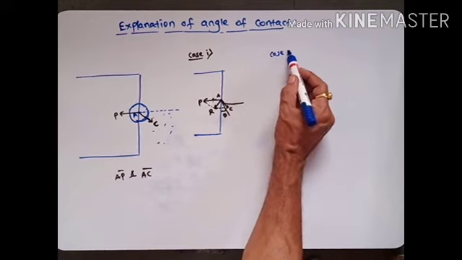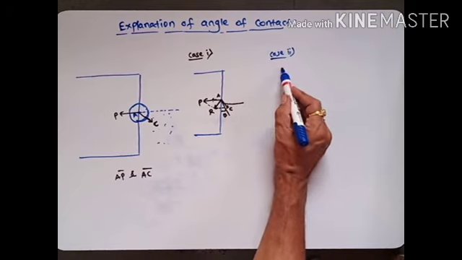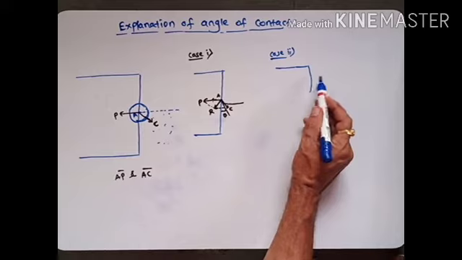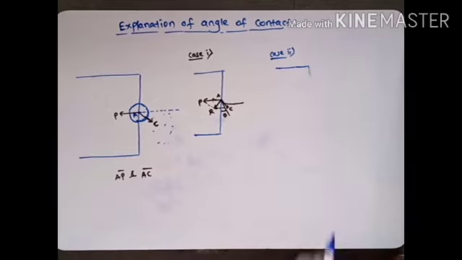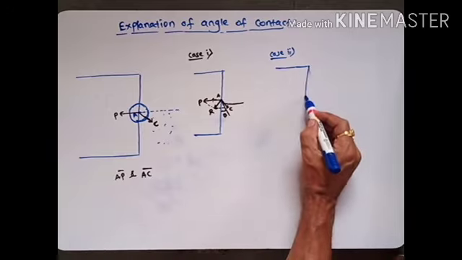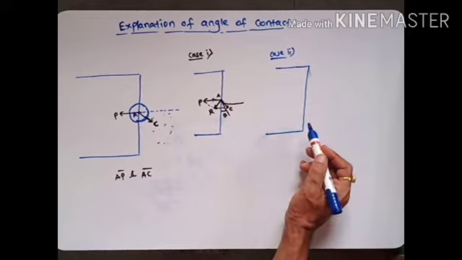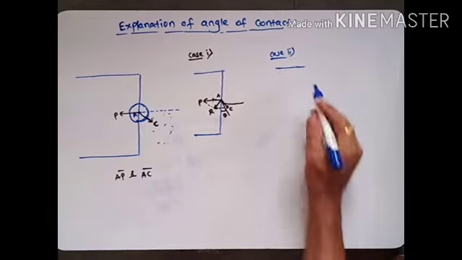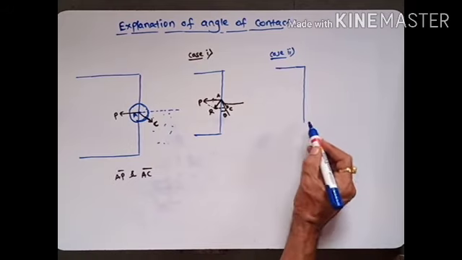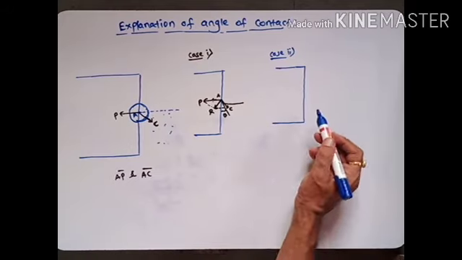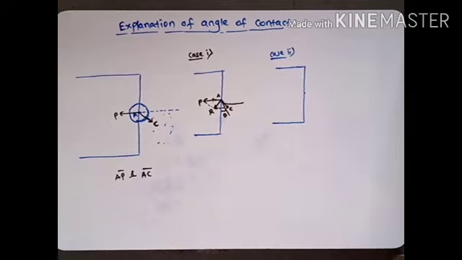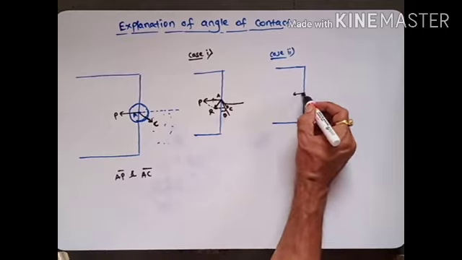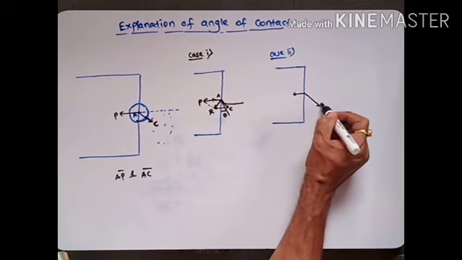Then case 2. Suppose I draw the same type of diagram here. Suppose molecule A is here. Now here AP is less than AC.